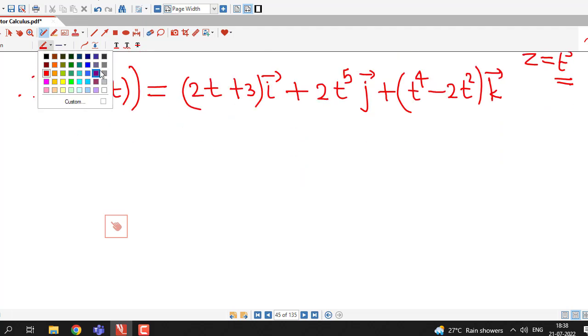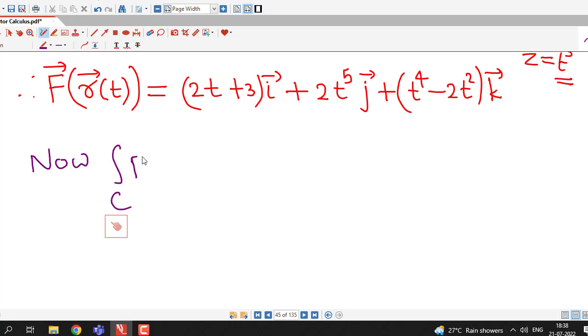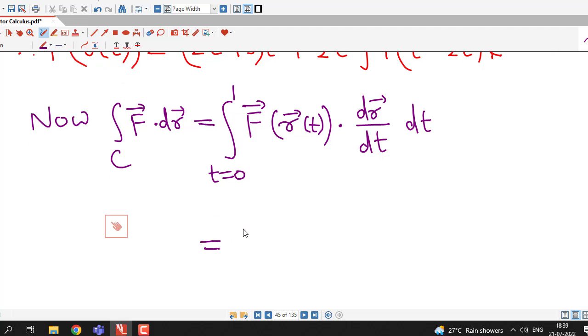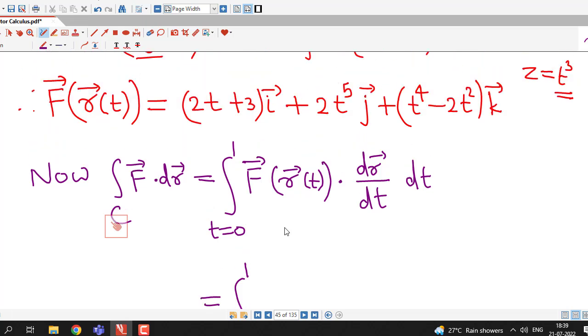Now by the definition of line integral, the integral of vector function f bar along the given curve C is converted into f bar of r bar t dot product with d r bar by dt, and this we will integrate with respect to t from t equal to 0 to t equal to 1, and then we substitute values of f bar and d r bar by dt which we have converted in terms of t.